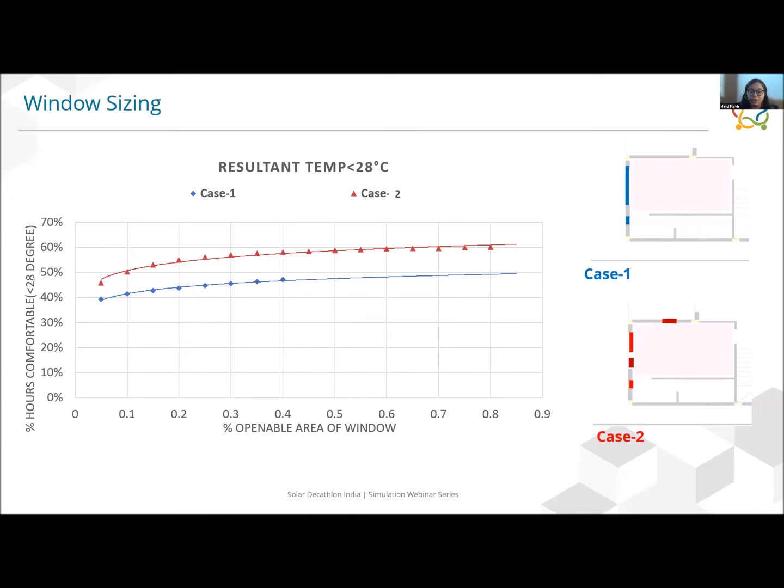What we are calling comfortable hours are those where the resultant temperatures, or what we feel, are less than 28 degrees. These are the 2 cases which we have here. On the top, case 1 has windows only on one side, as you can see, and in case 2 we have windows on both sides. So basically we have natural ventilation or cross ventilation happening here.